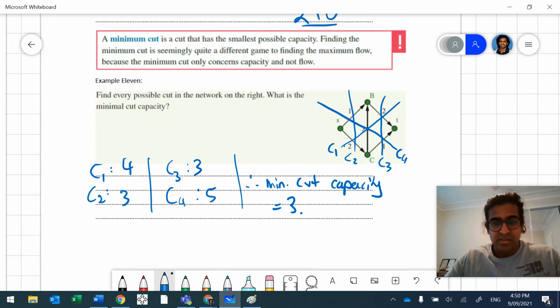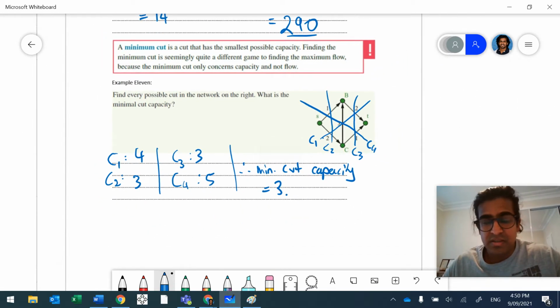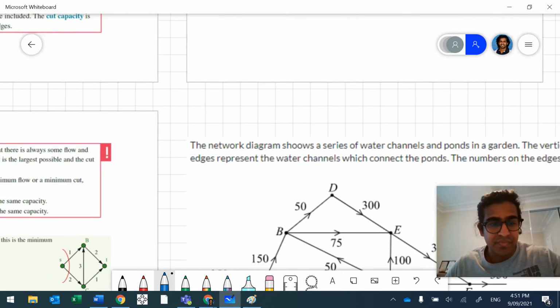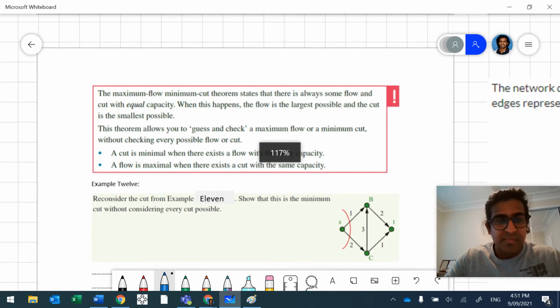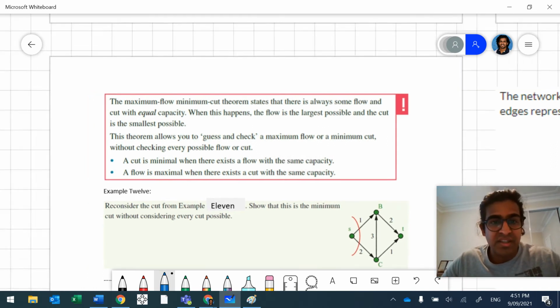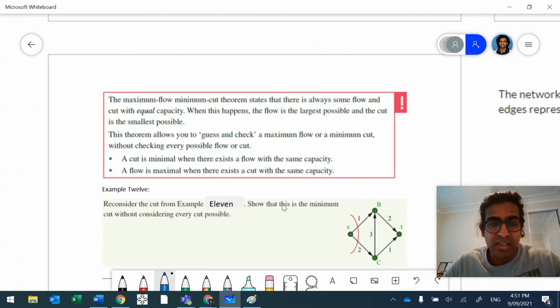All right. So why do we do this? I think we're about to find out. That's where the maximum flow minimum cut theorem comes in. There is always some flow and cut with equal capacity. When this happens, the flow is the largest possible and the cut is the smallest possible.